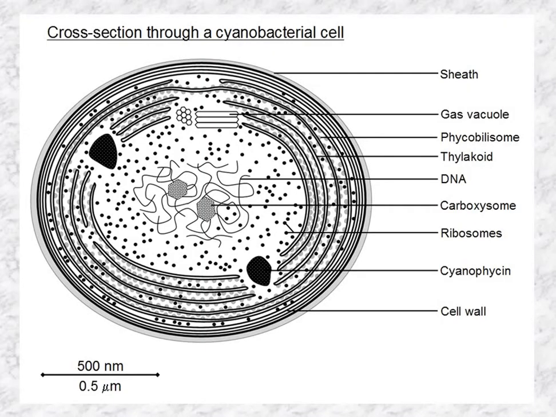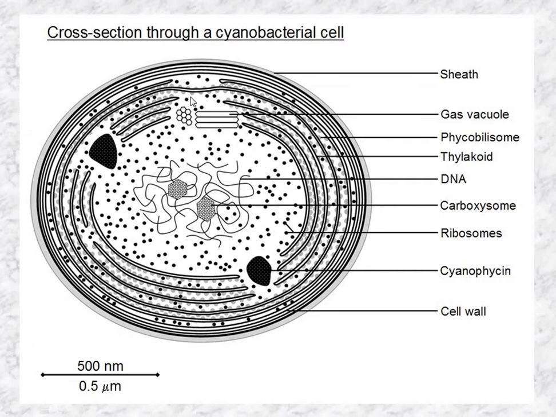And this is a cross-section, or a transverse section, of a cell of cyanobacteria. You can see in the center, this is DNA, which is just like a prokaryotic bacterial cell. It is not bounded by any nuclear membrane. These small dots are the ribosomes, which are also 70S ribosomes like the prokaryotes.